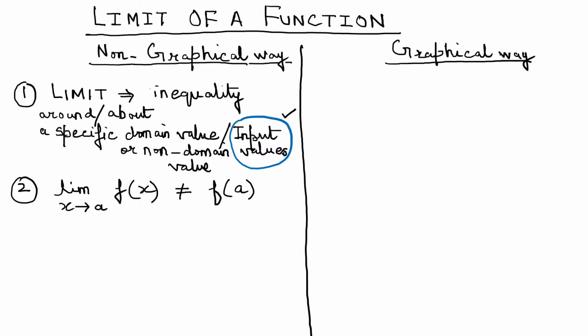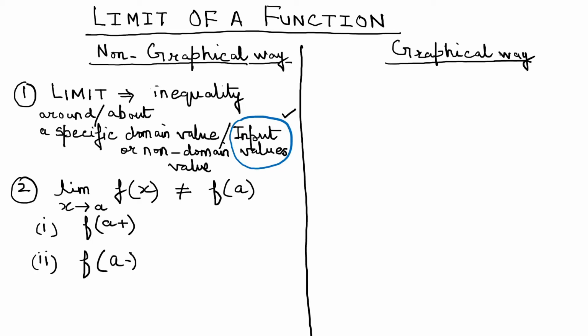So when I am saying limit x tends to a f(x), the first thing that I am talking about is, I need to understand the behavior of f of a plus. And the second thing that we need to understand here is, we need to understand the behavior of a minus.